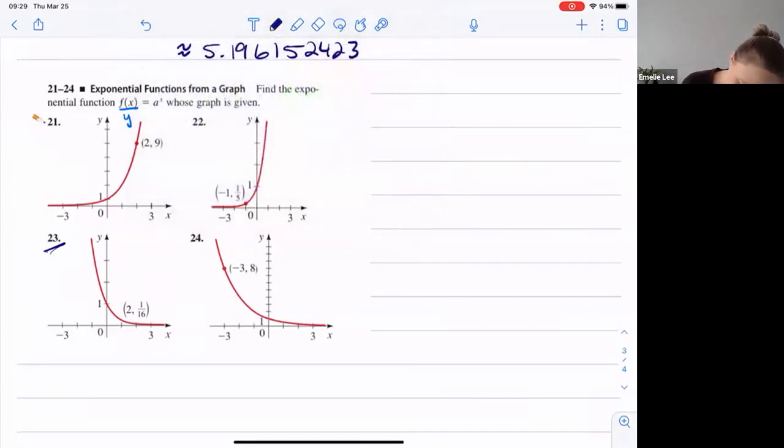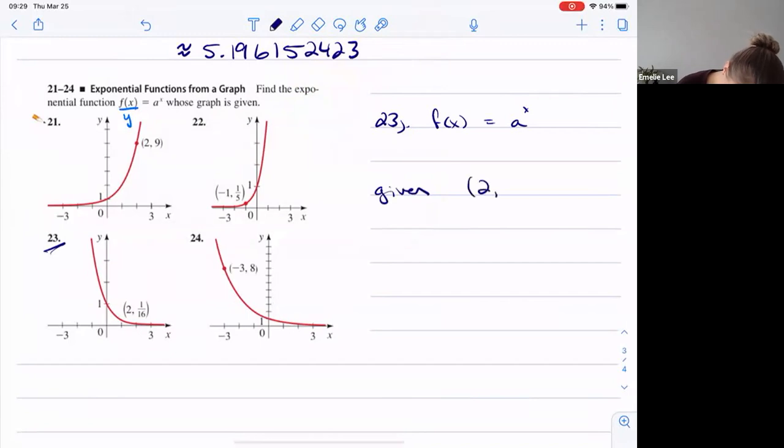Okay, so let's do 23 together. So I have f of x equals a to the power of x. And we're given it goes through the point (2, 1/16). So when x is 2, y is 1 over 16.